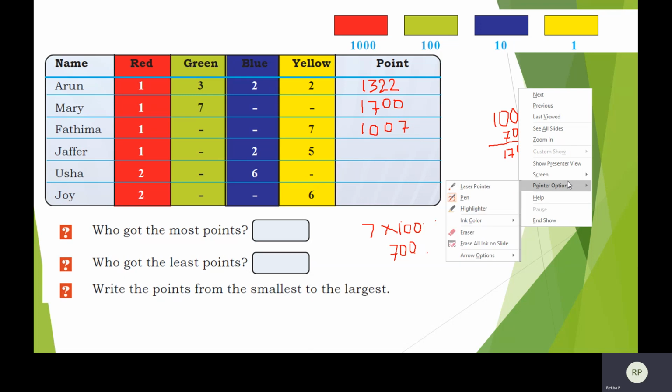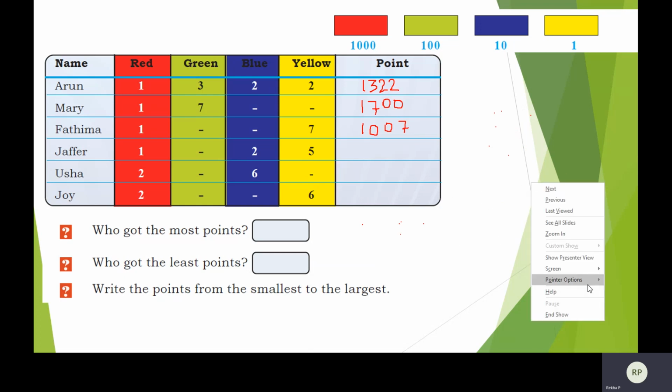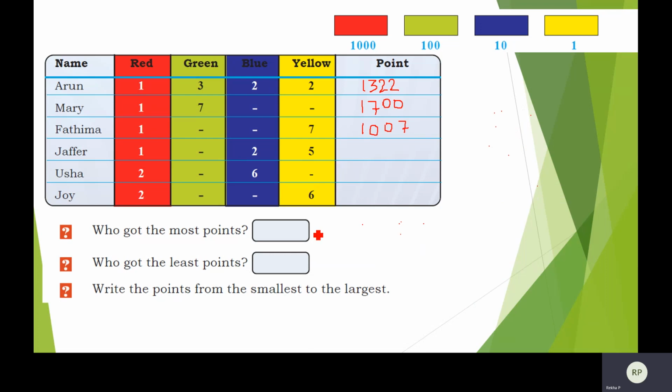All right. Let's move to the next question now. The next column of the table. Let me erase all these things. Okay, so for this one also one red card.